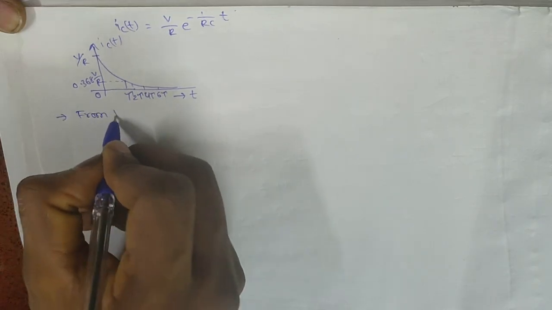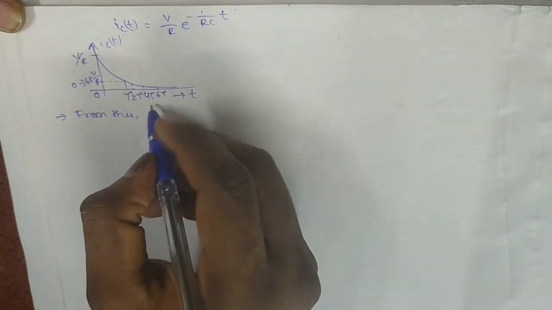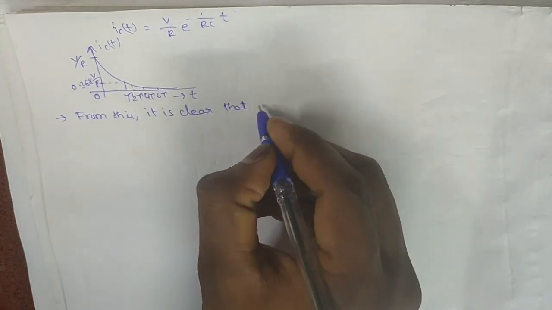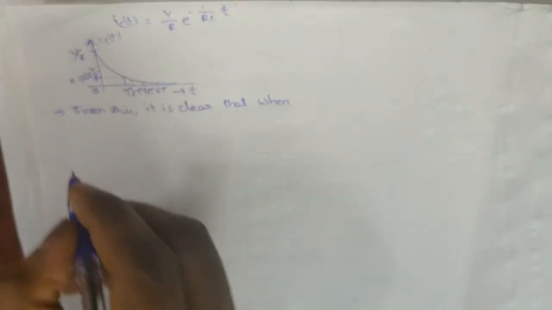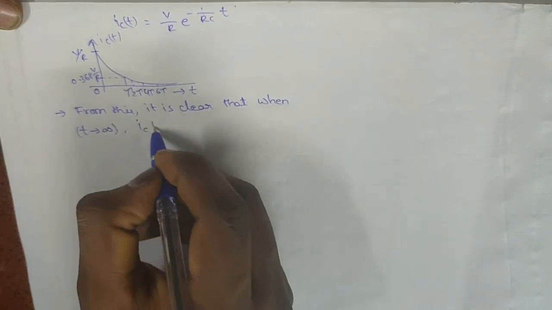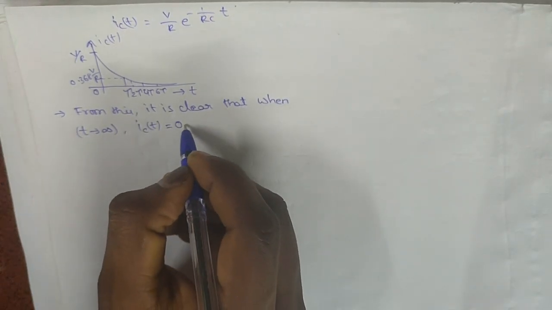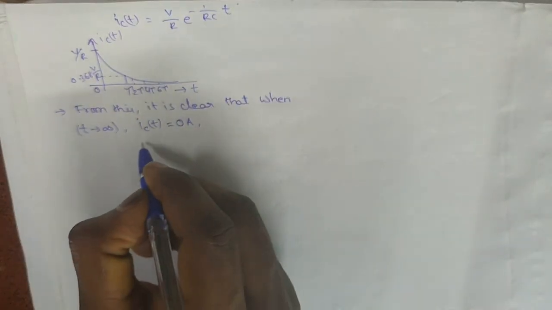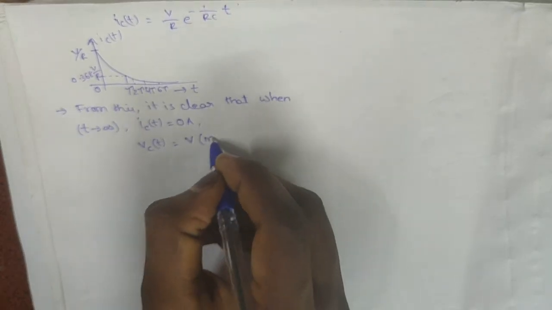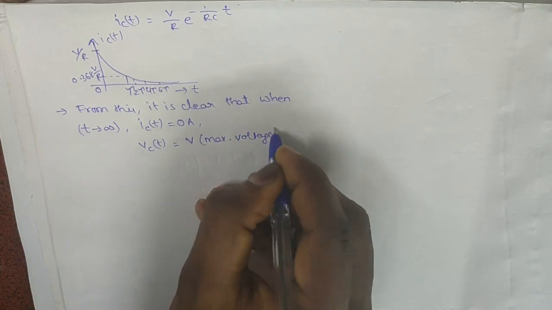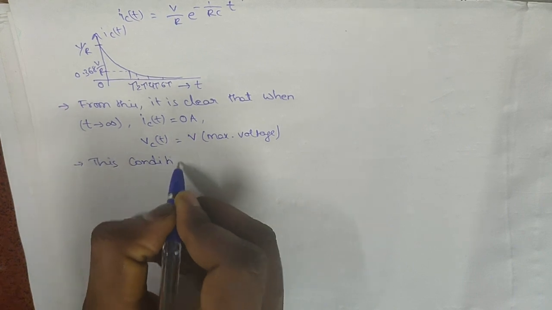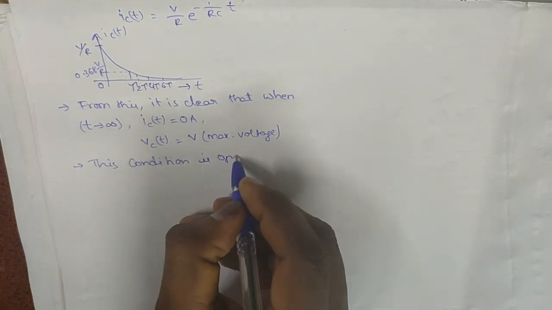From this, it is clear that when t tends to infinity, Ic of t will be 0 amps and Vc of t will be V, that is the maximum voltage. This condition is the open circuit condition.